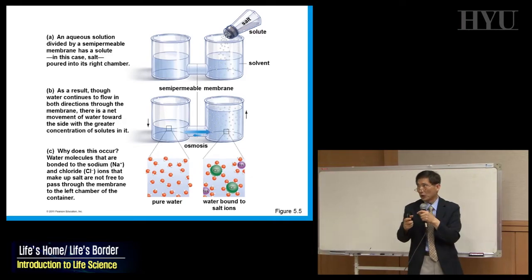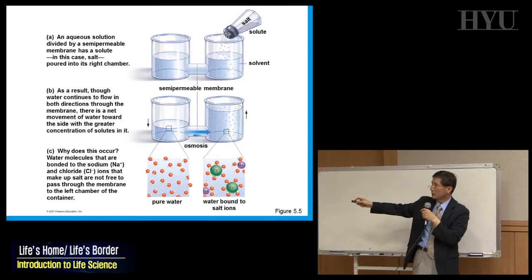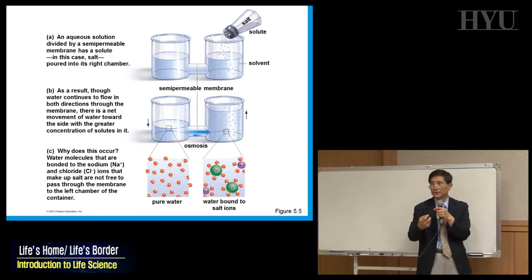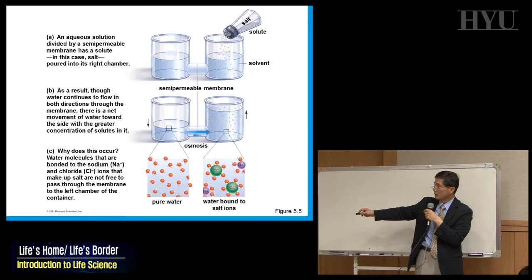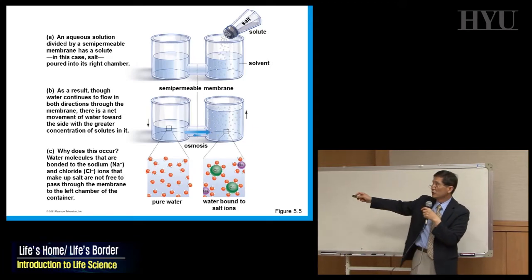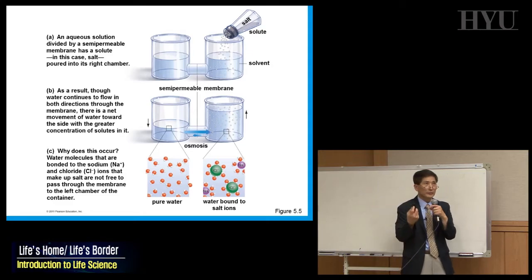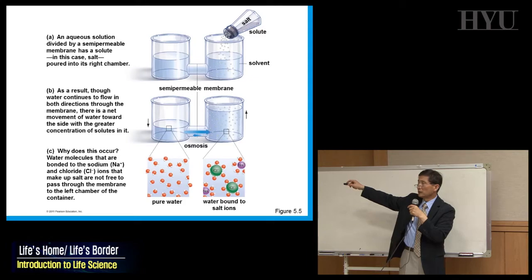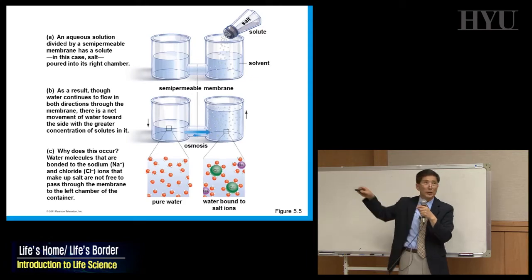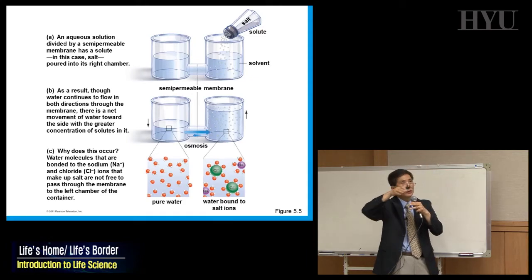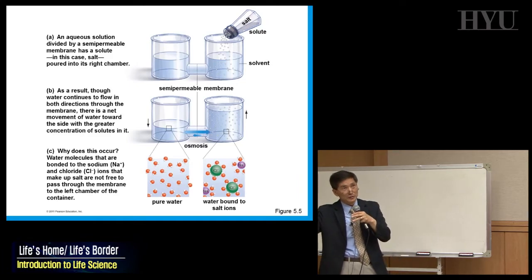Then what happens? If you put the same level of water, but then you put salt on one side, now you have a higher concentration of sodium ion and chloride ion, right? So in the normal case, what happens? Sodium ion and chloride ion go this way, from higher concentration to lower concentration.